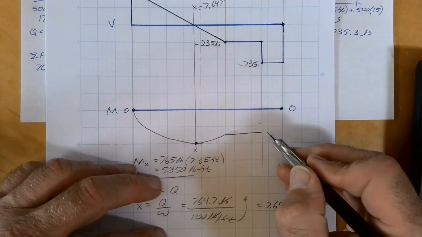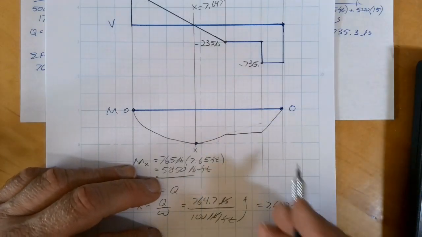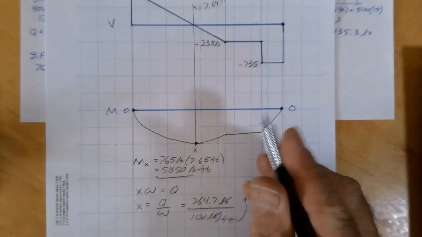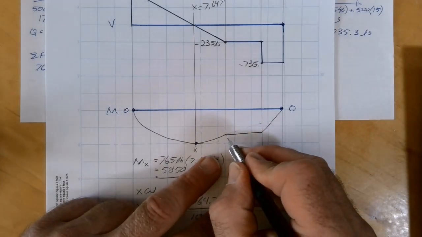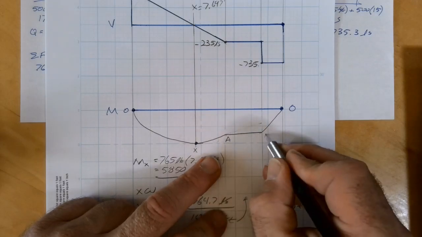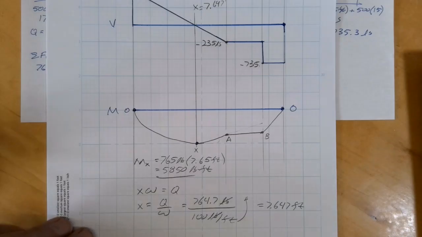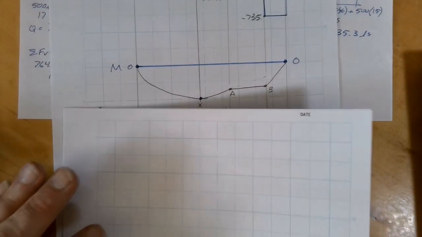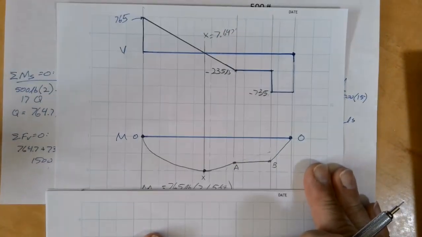And then at the end, so that's sloping down and that slopes all the way down. So this point is a little more than that point. Okay, let's go ahead and calculate at these 2 points. I'll call this A and B, and then we'll do one at the end. So I'm going to get an extra sheet of paper here, and hopefully we can see all of this at once.